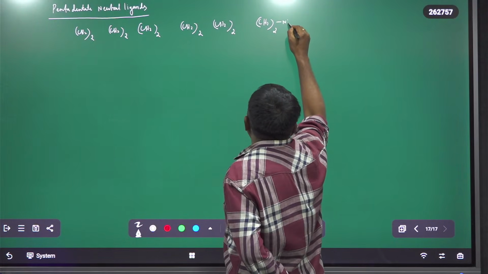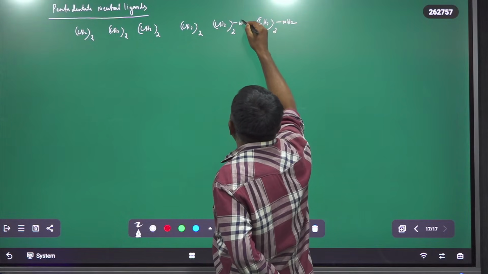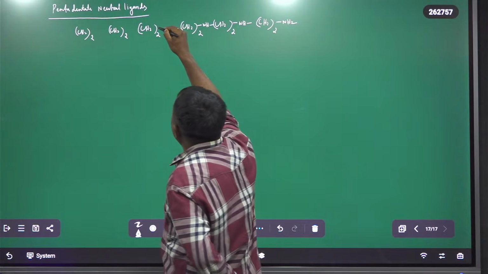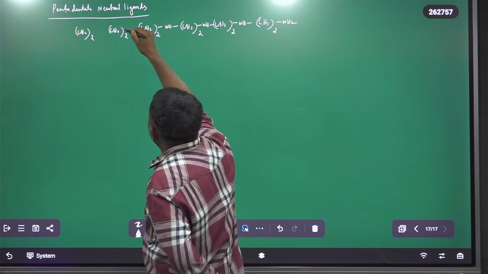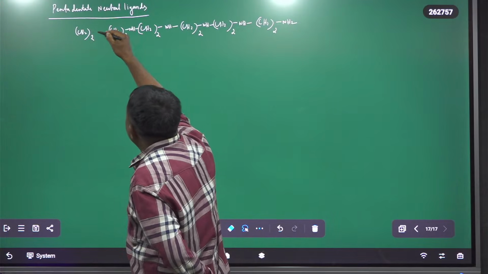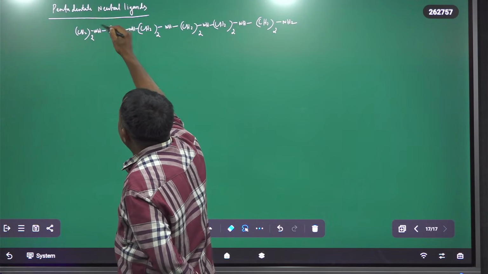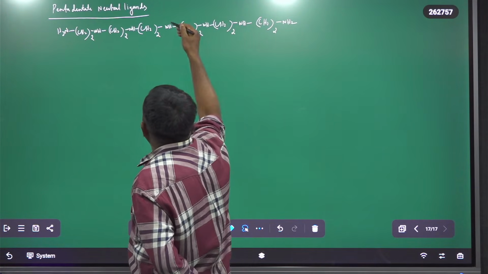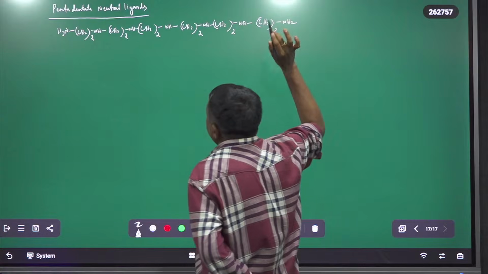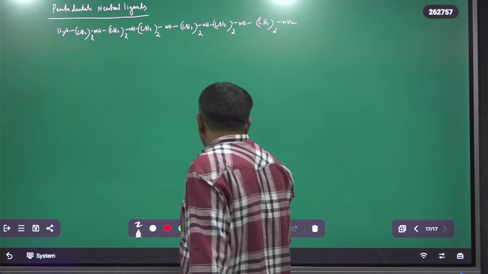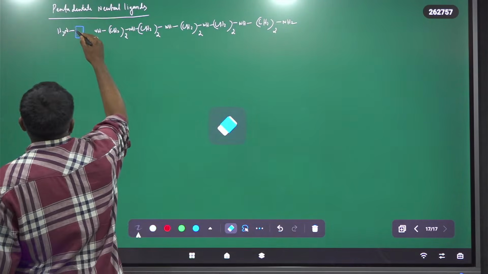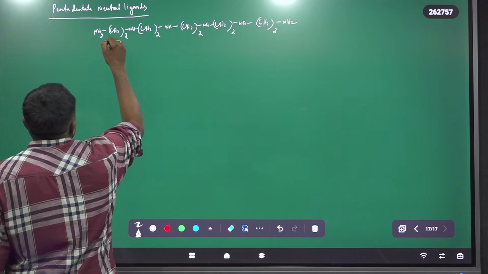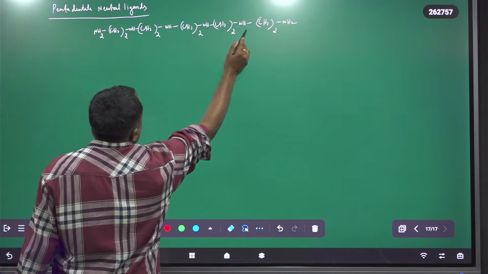Each is connecting to NH2. This also NH, this is connecting to NH, this is connecting to NH, this is connecting to NH, and this is connecting to NH2. So 1, 2, 3, 4, 5, 6, 7. So you reduce one now. So this is NH2. So 1, 2, 3, 4, 5, 6.